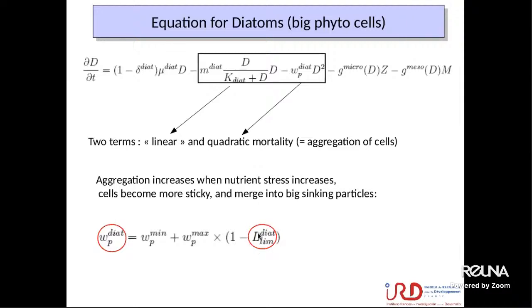This means that when there is a nutrient stress, which means that the cells do not have enough nutrients to grow optimally, there can be increased mortality because the cells become sticky, and so they stick to each other, and then they will die and they will sink. So this mortality is dependent on this nutrient stress, which is the value of this limiting term of nutrient.